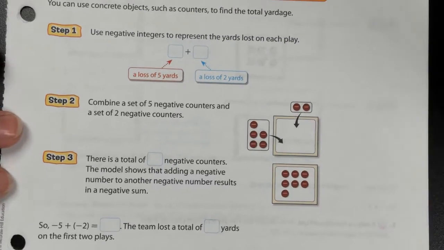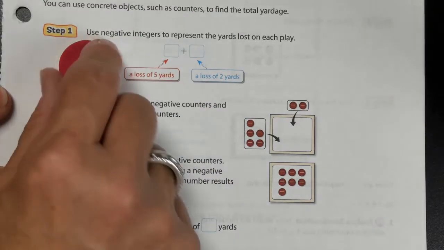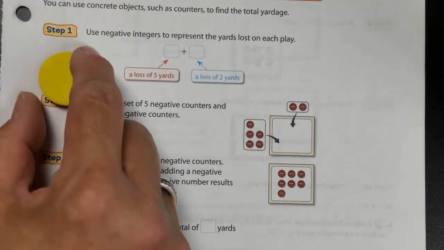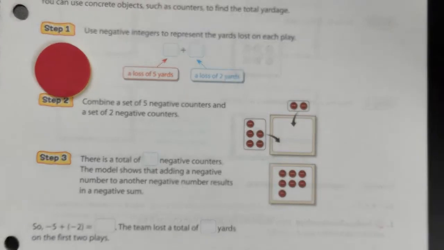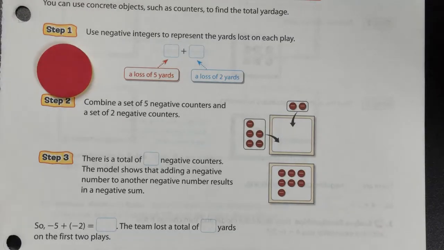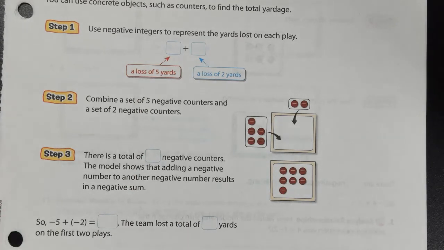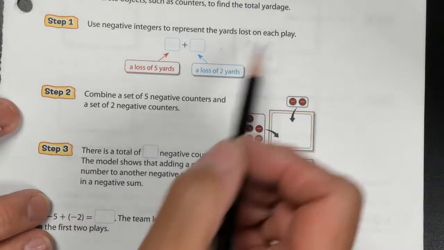Okay, and so they're going to walk us through this problem right here on the worksheet. And so it says you can use concrete objects such as counters to find the total yardage. So our counters are yellow on one side for the positive and red for the negative. Okay. And so right here it says use negative integers to represent the yards lost on each play.